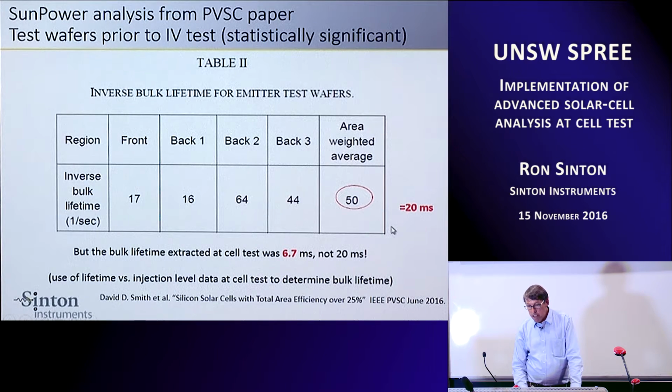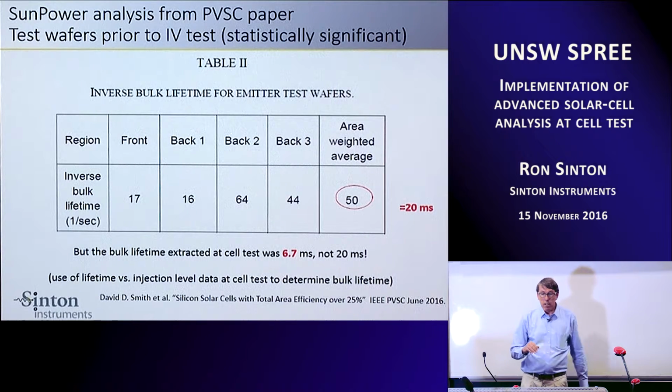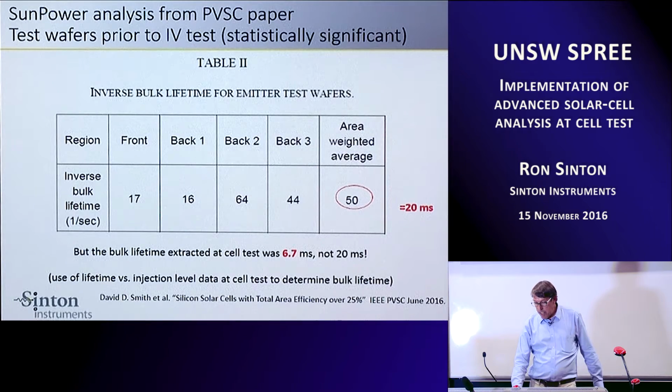But on these record cells, at the cell test level, they're measuring 6.7 milliseconds, not 20. And so they went back and looked at their test wafer experiment, and decided they needed to do the patterning and see what that did.